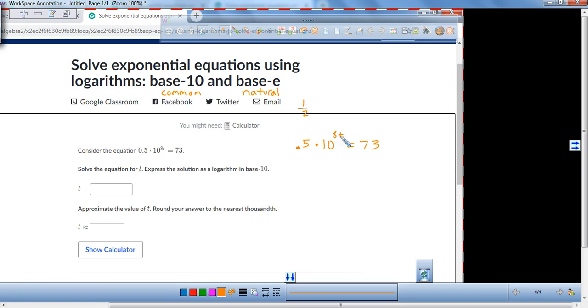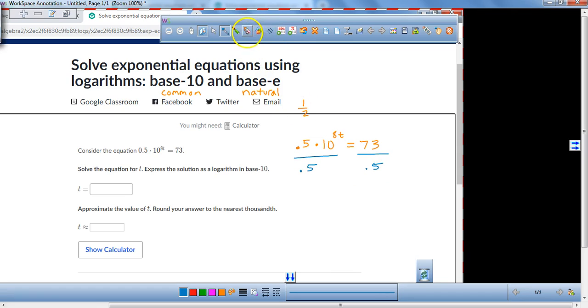So that won't help you there. What we need to do first is simply divide both sides by a half. That's one way of doing it.